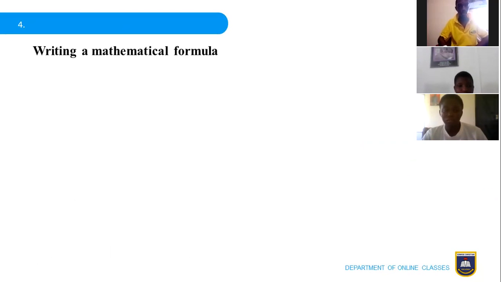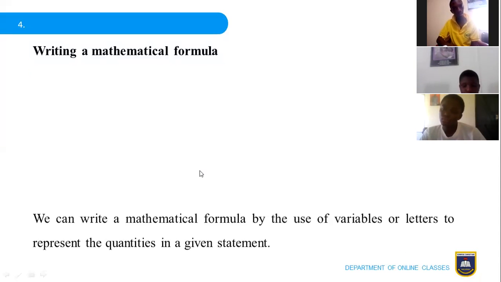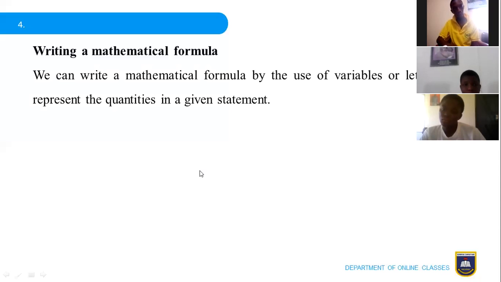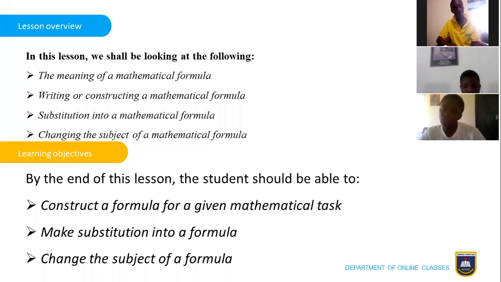Writing a mathematical formula. We want to see how we can write a mathematical formula, what you need to go through in writing it. So earlier on, we started with the objectives of the lesson. Let me just go over it.